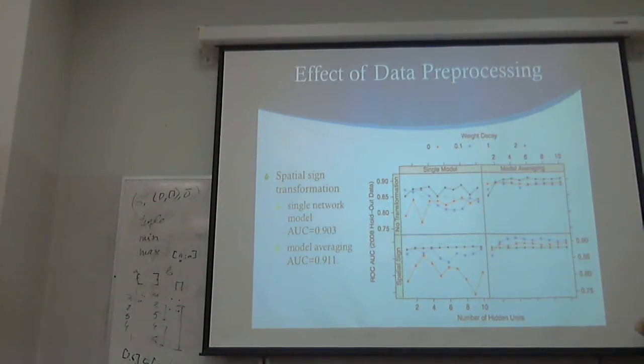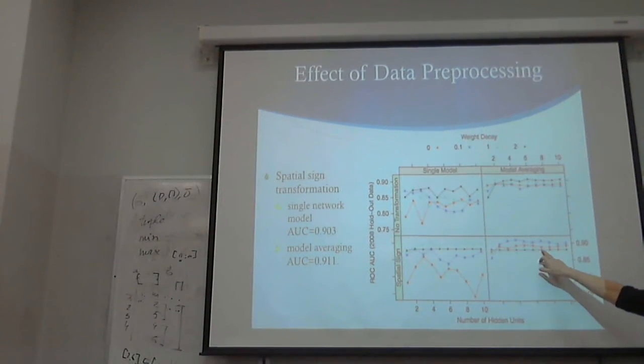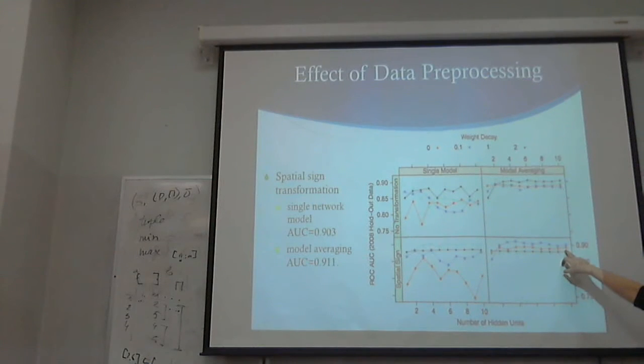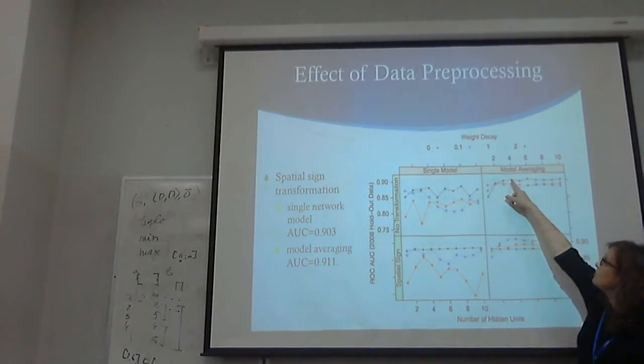So this is the effect of spatial sign. So sometimes it does help. With learning rate of 2, spatial sign transformation has the poorer performance than on the upper side.